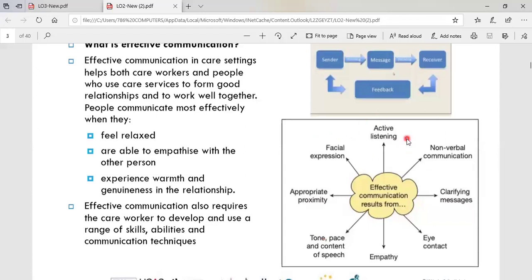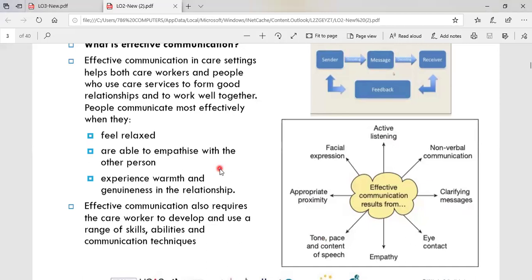Active listening is very important, so we need to ensure that we are actively listening to the patient and not just having them talk and talking in between.